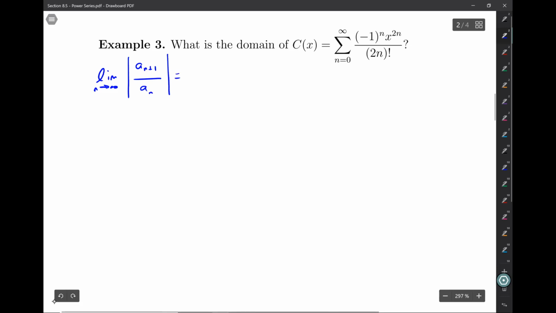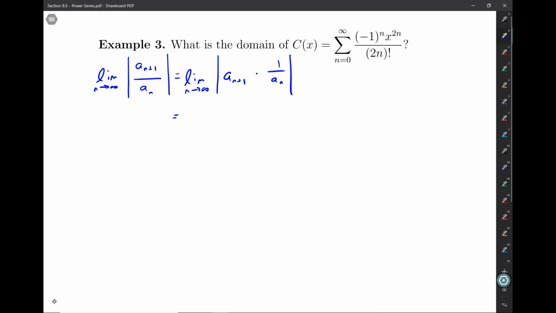If you have a fraction, then I think it's typically best to view this as the limit as n approaches infinity of the absolute value of a sub n plus 1 multiplied by the reciprocal of a sub n, so that we can set this up for some cancellation and we don't have to deal with any complex fractions.